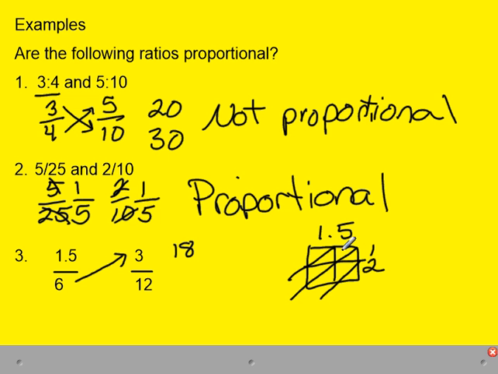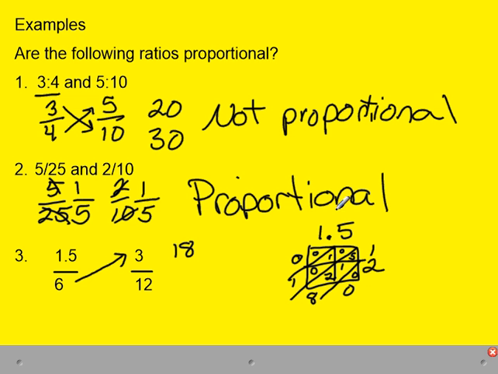5 times 1 is 5. Oops, I wrote really small, didn't I? 5 times 2 is 10. 1 times 1 is 1. And 1 times 2 is 2. If I go diagonal, I have 0.180, but I have to remember that I have this decimal point.